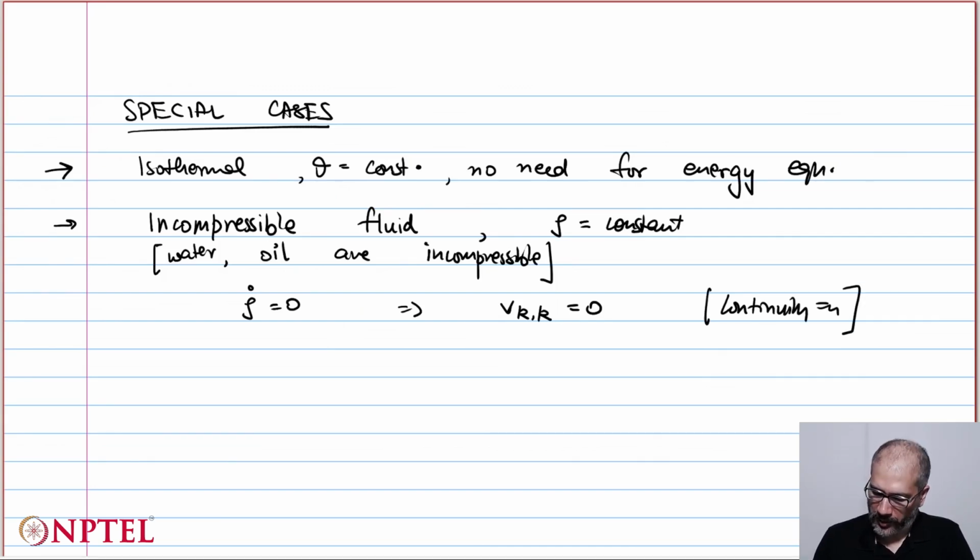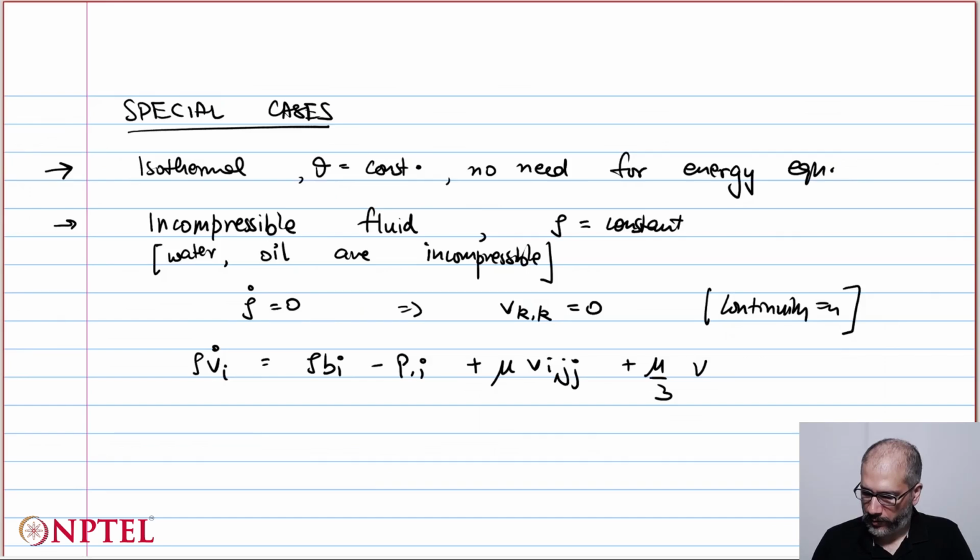And if you look at the momentum equation, it was written as rho v_i dot equals rho b_i minus p,i plus mu v_i,jj plus mu by 3 v_j,ij.